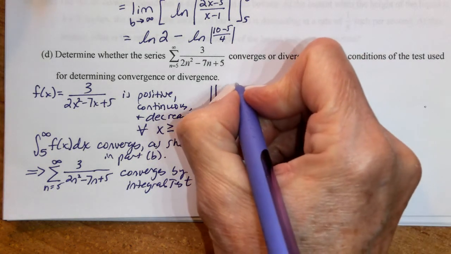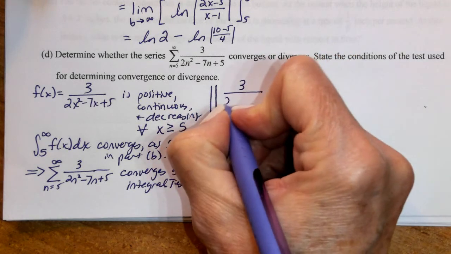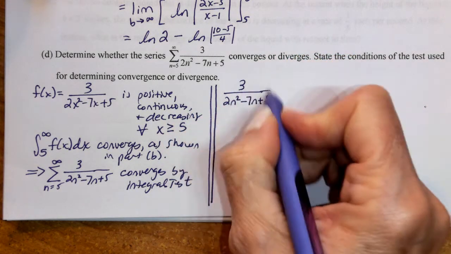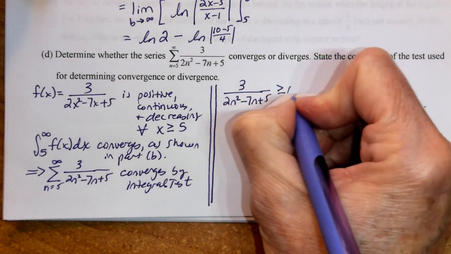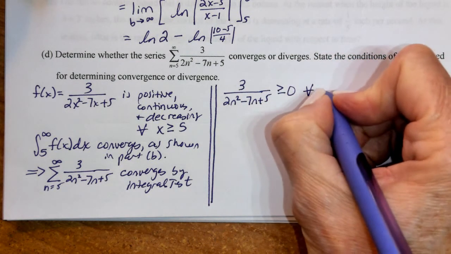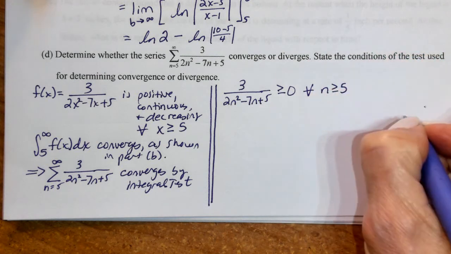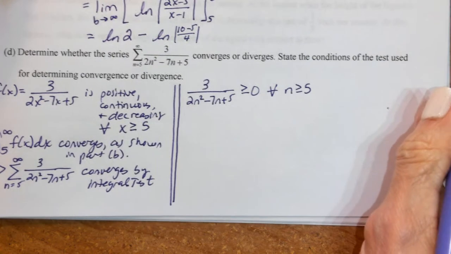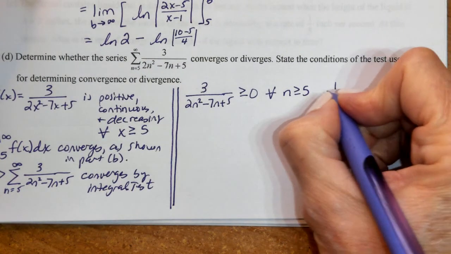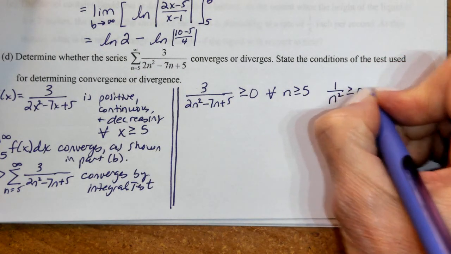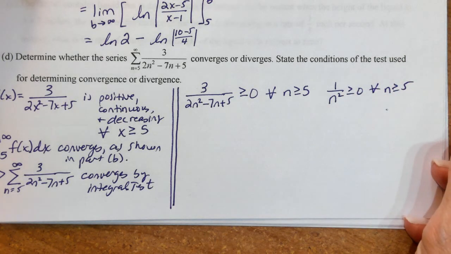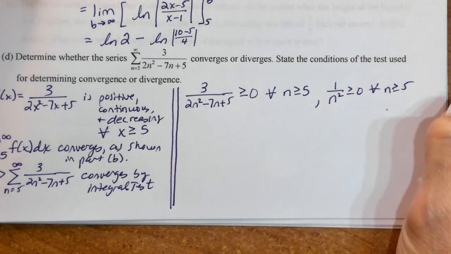So first of all, the terms are greater than or equal to 0 for n greater than or equal to 5, and what I'm comparing it to is also greater than or equal to 0 for all n greater than or equal to 5. Both of those have to be true in order to use a comparison test.